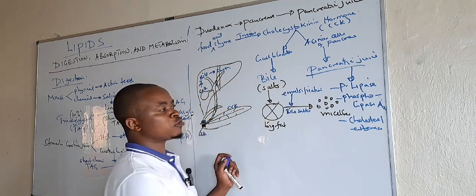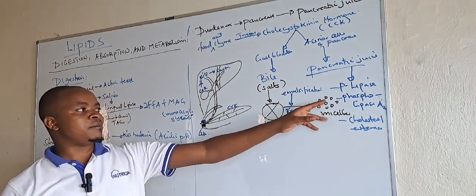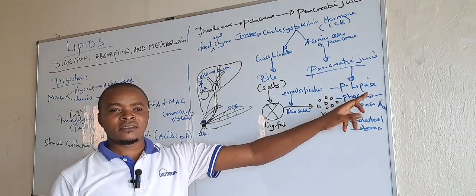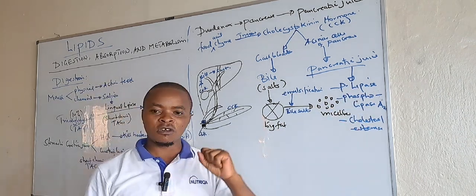So there are three major enzymes in the pancreatic juice. The first enzyme is the pancreatic lipase, then we have phospholipase A2 and cholesterol esterase.